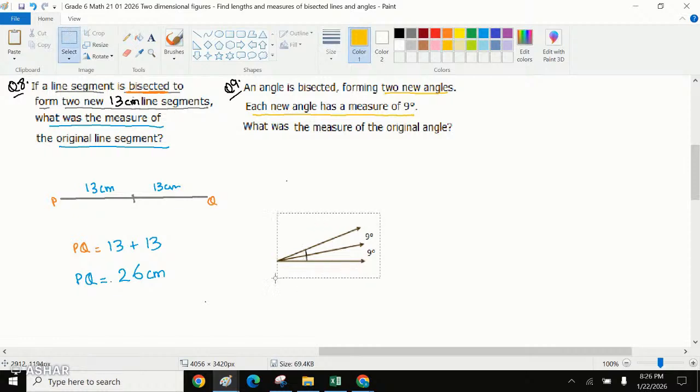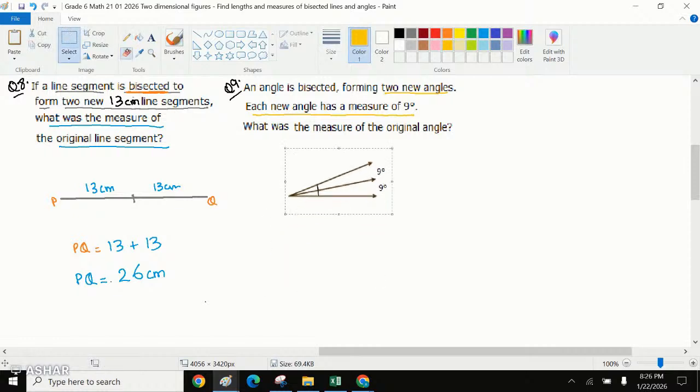So each smaller angle, I'll highlight it differently, this angle is 9 degrees and this angle is also 9 degrees. What they want us to do is find the original angle, the complete angle. That means the angle is 9 plus 9, that would be 18 degrees.